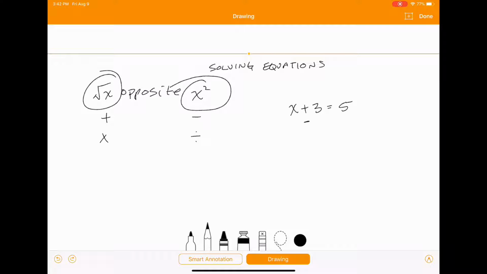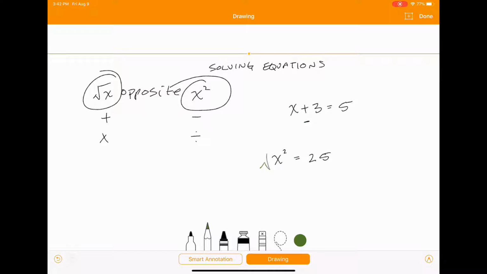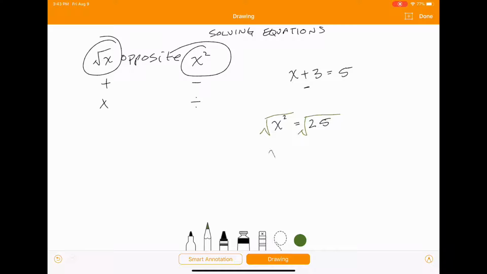So if you had something like x squared equals 25, to undo the squared, you just take the square root of both sides. Now again, the square root is like raising it to a half.